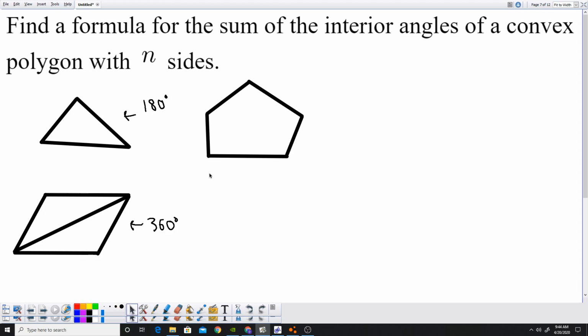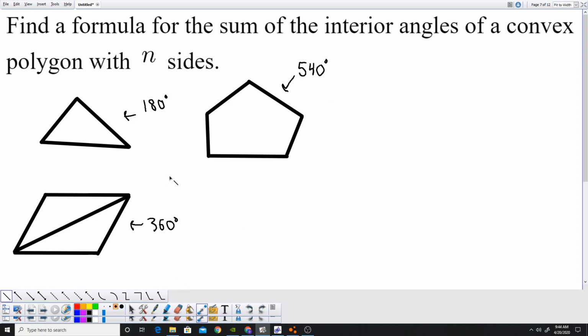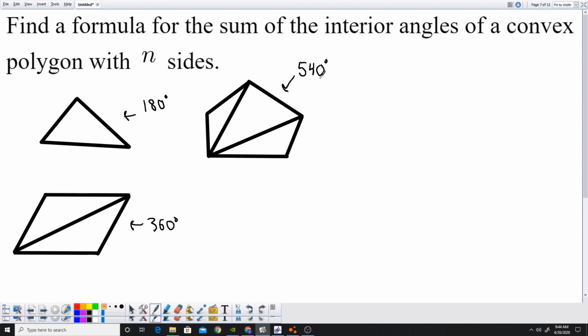And we had proven that the sum of these interior angles was 540 degrees. Well, how did we do that? Again, we just connected the diagonals and we came up with a figure with three triangles. And we start to see a pattern.